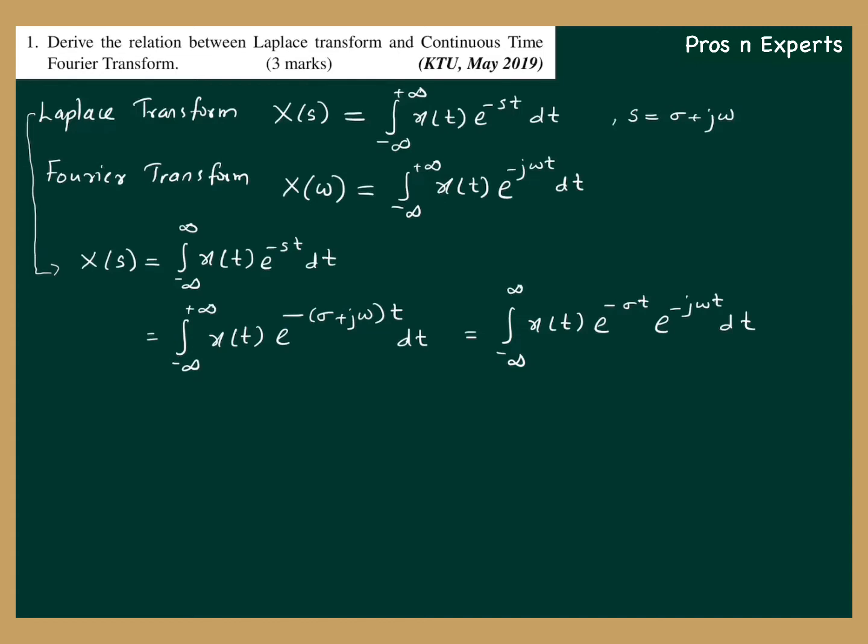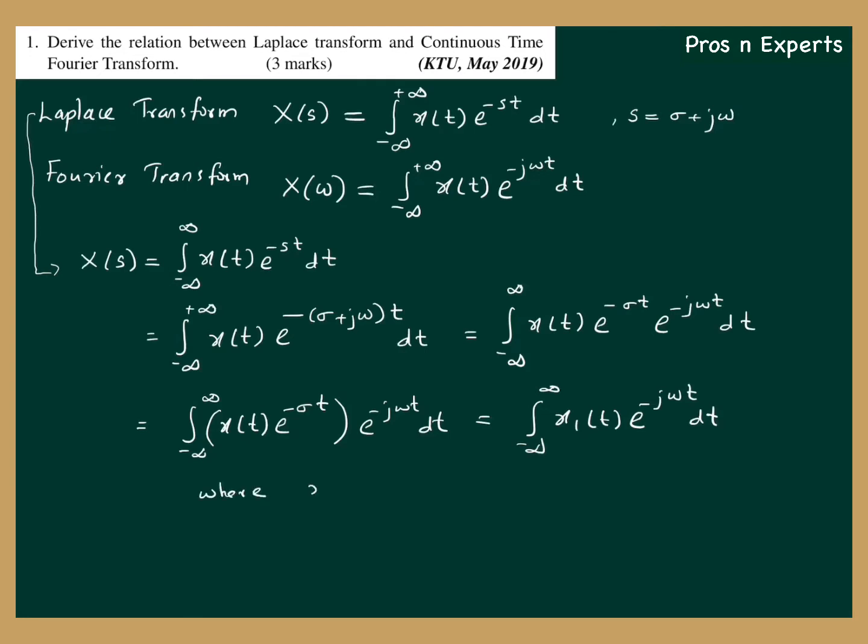Now I am writing this as the integral from minus infinity to infinity of x1(t) into e raised to minus j omega t dt, where x1(t) is nothing but x(t) into e raised to minus sigma t.